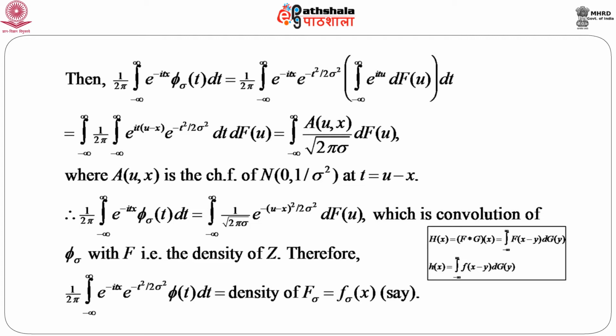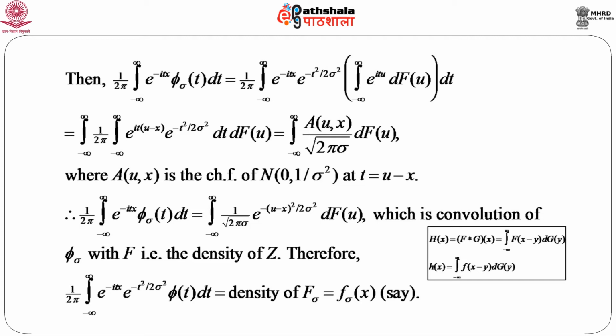the integral from minus infinity to infinity of 1 by 2 pi integration from minus infinity to infinity e to the power i t into (u minus x) into e to the power minus t square by 2 sigma square dt dF(u).